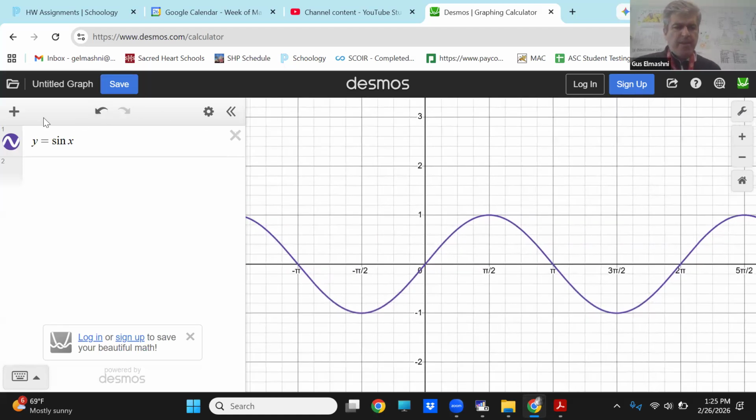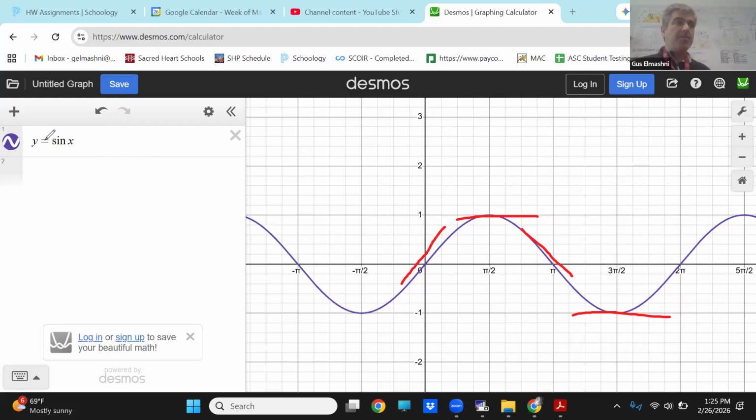If I were to draw a tangent line over here, the slope is 0 here. The tangents are positive here, but negative here. And it's cyclical, right?